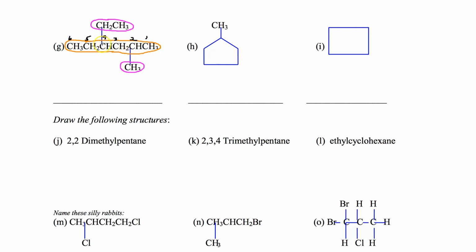So I've got a 2, 4. Now if I was to number in the reverse, 1, 2, 3, 4, 5, and 6, the attaching groups would be 3, 5. So my question to you is, what's a lower number combination? 3, 5 or 2, 4?